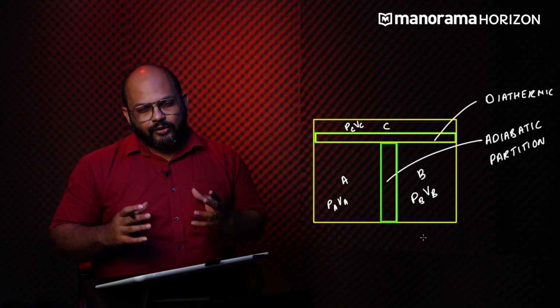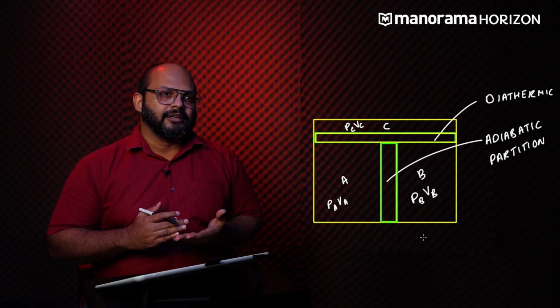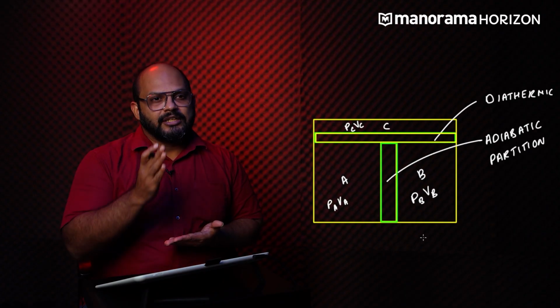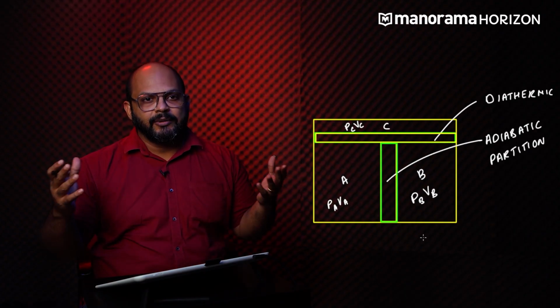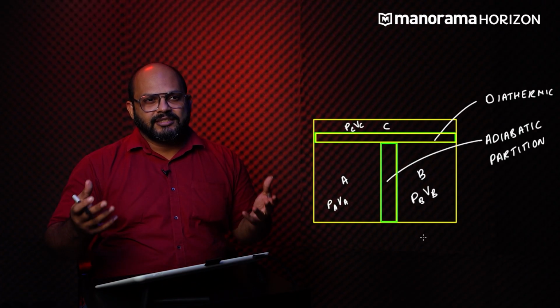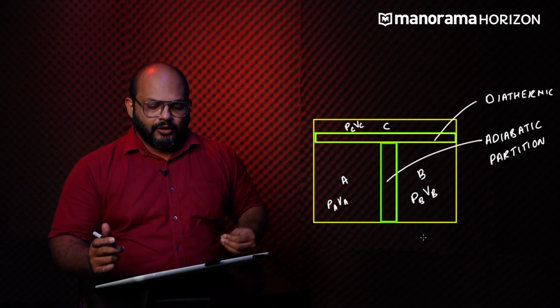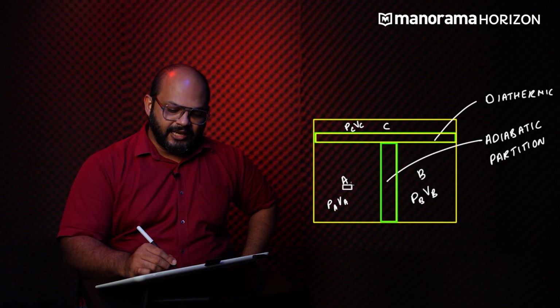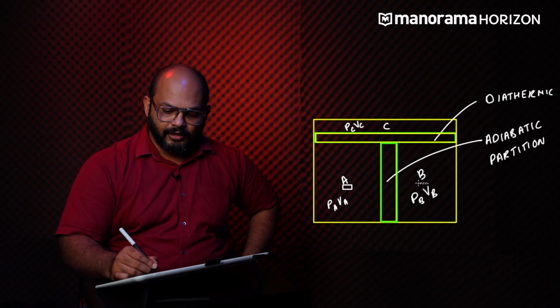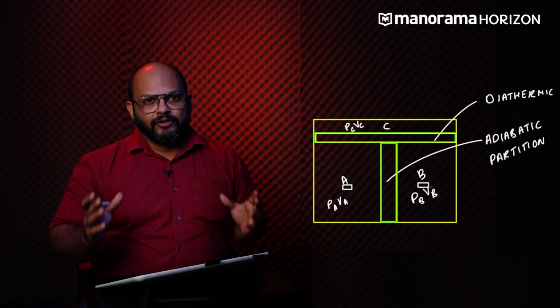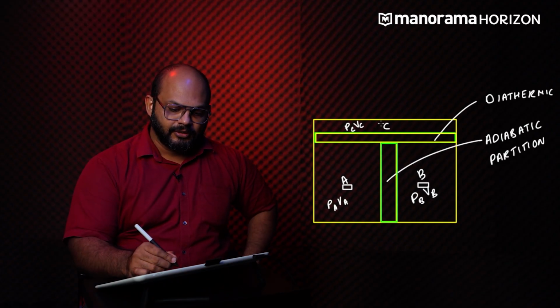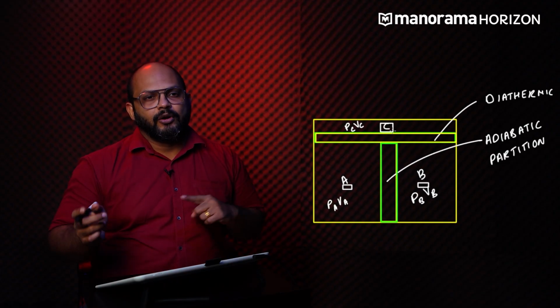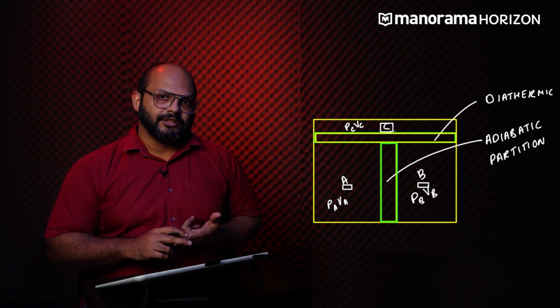It is called the zeroth law because it was devised by a scientist named Fowler after the first and second laws had already been named and numbered. What does the zeroth law say? Zeroth law says that if two systems, let us say we have two systems A and B, are in equilibrium with a third system, C, they will also be in equilibrium with each other.